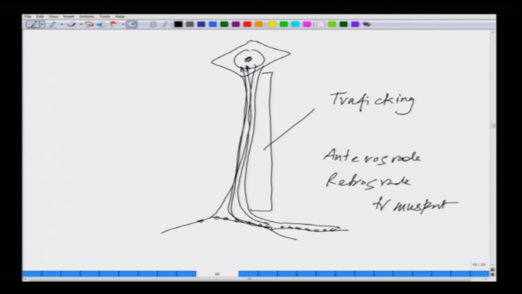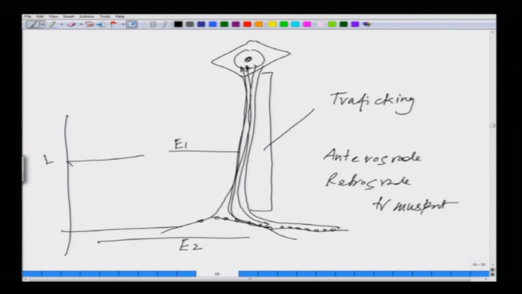As I have already told you, you can study them by putting an electrode out here and putting an electrode at the other terminal. If you give a stimulus at E1, if this is E1 and this is E2, then with a slight gap you will see a signal at electrode E2. That gap is the time it takes to travel from here to the postsynaptic membrane.